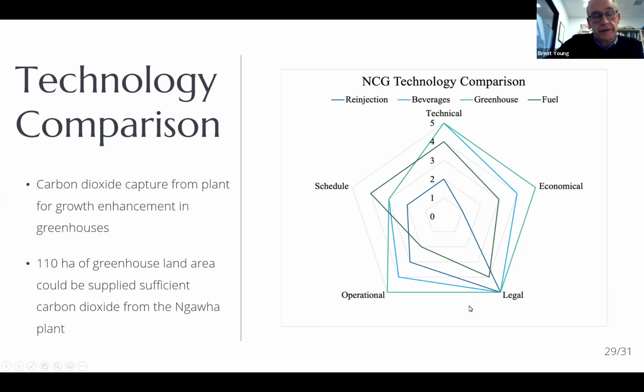This has precedent in New Zealand, where there is a plant in the middle of North Island, which has greenhouse areas supplied by a local geothermal plant in just this manner. And so the conclusion here is that it would be feasible to look at a greenhouse close to the plant where the CO2 is supplied from the plant.